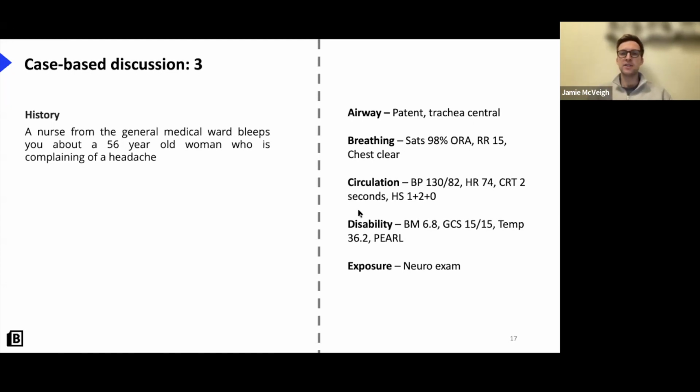And she's now complaining of a headache. So you go and see her, A to E, airway's fine, breathing's fine, circulation also fine. Okay, so she is a stable patient. You go through your disability, and that's fine as well. She's very much with it. GCS is 15, BM's fine, afebrile, pupils also fine.